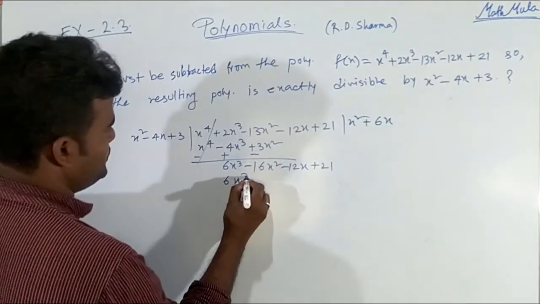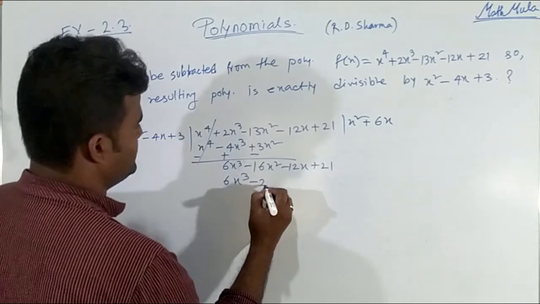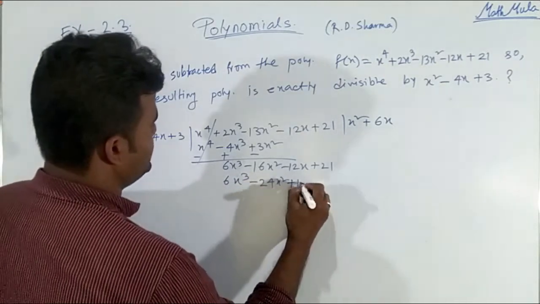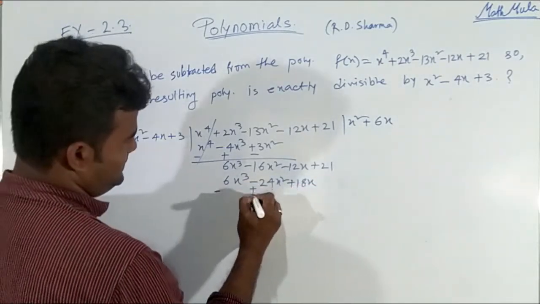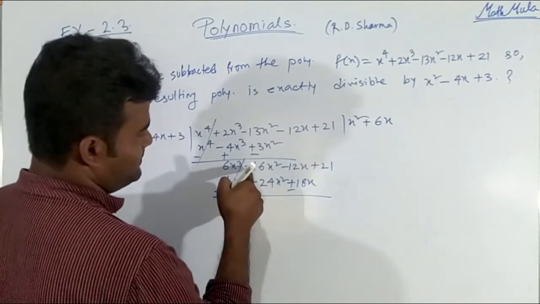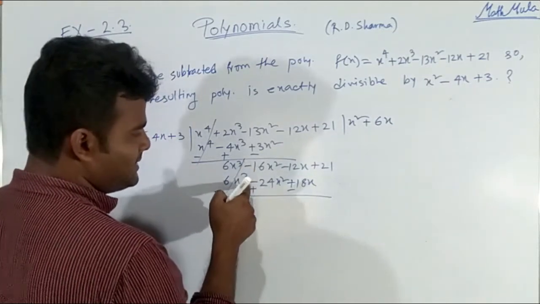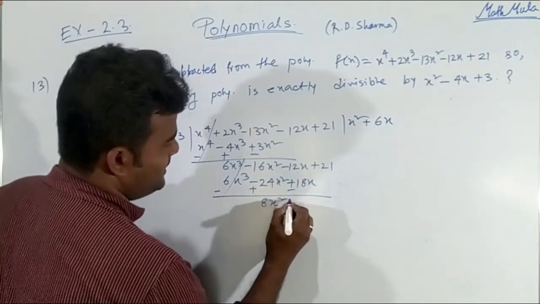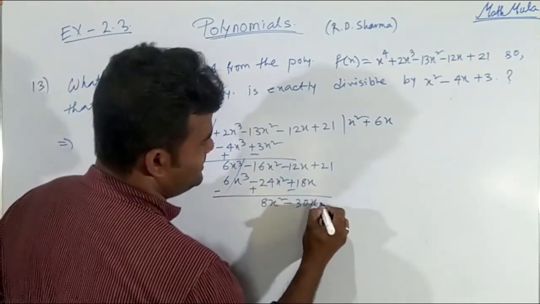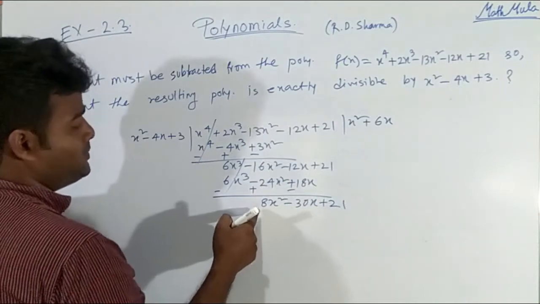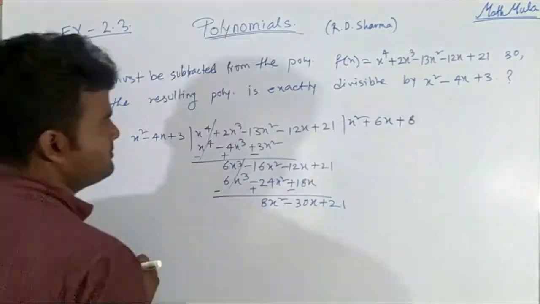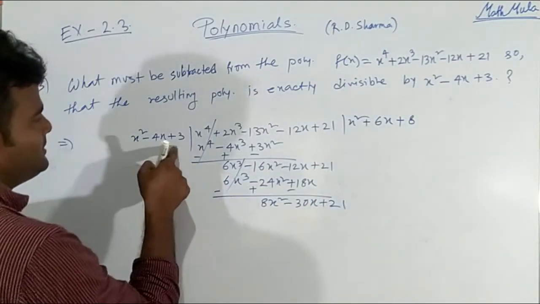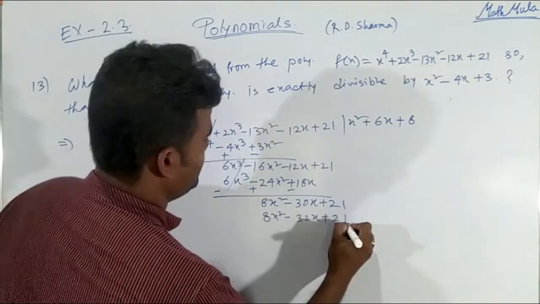This is 6x cube minus 24x square plus 18x. Subtract it, it will be cancelled, and minus 16 plus 24, that means 8x square, minus 30x plus 21. The leading coefficient is 8. We add plus 8 and multiply the divisor by 8, then we get 24.